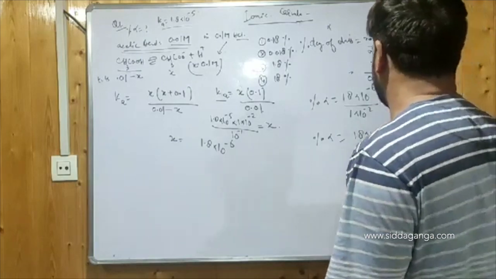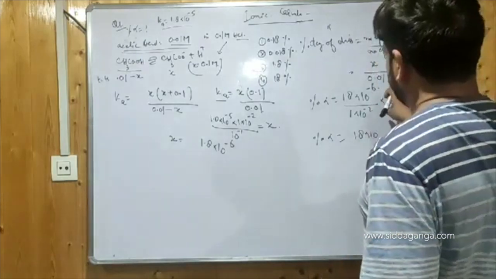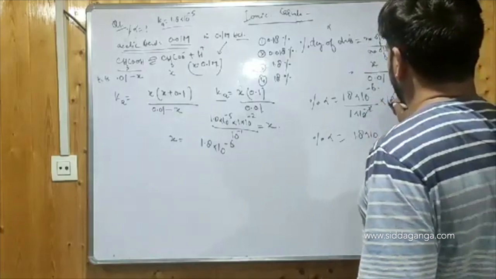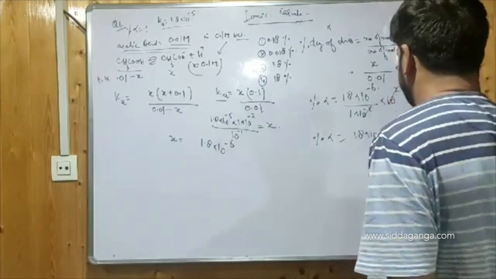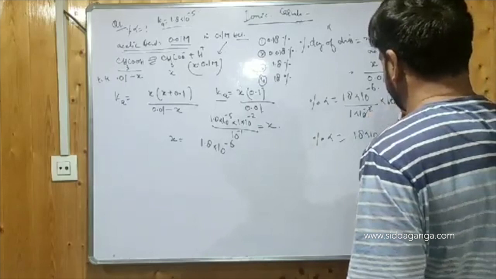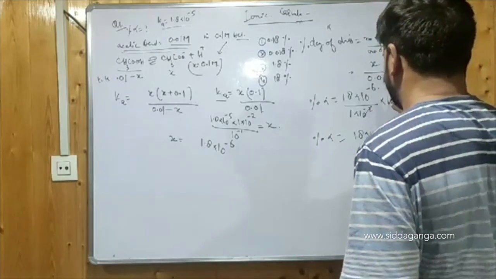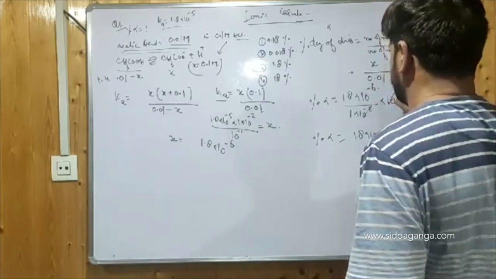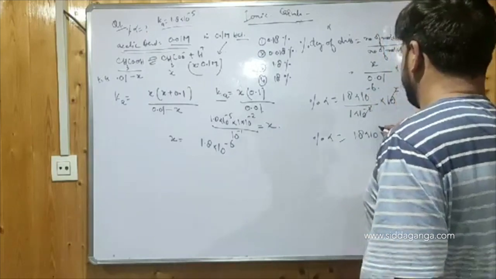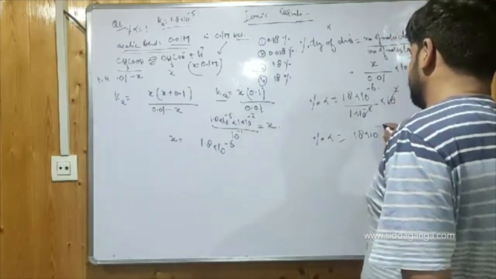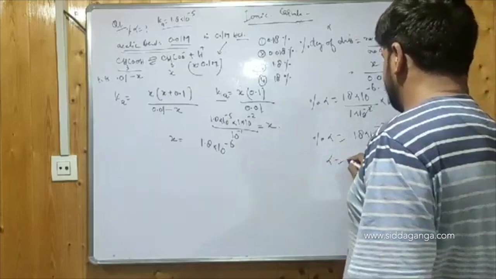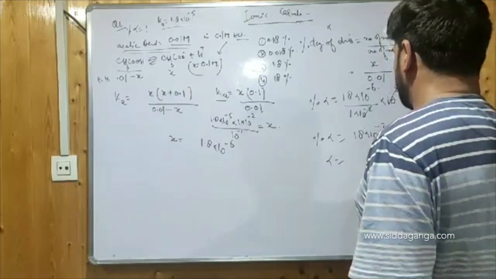It goes up, what does it become? Minus 2 goes up, it becomes plus 2. 10 to the power minus 2, when you take it up, it becomes plus 2, it becomes 4. Clear? So minus 6 minus 4 will be, minus 6, 4 becomes how much? Minus 2. So alpha will be 1.8 into 10 to the power minus 2.